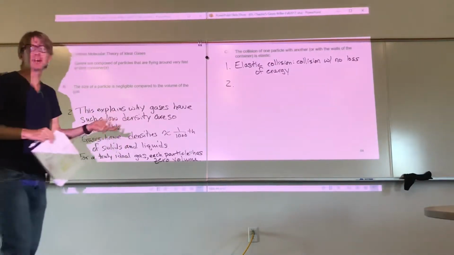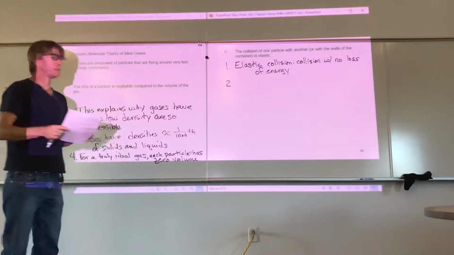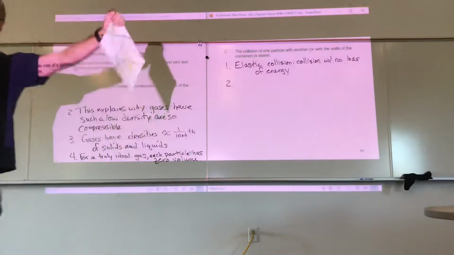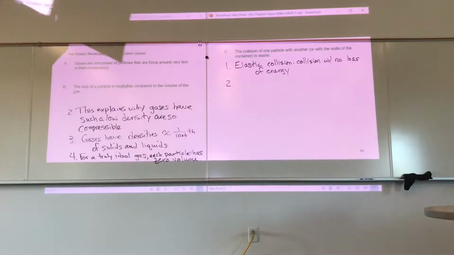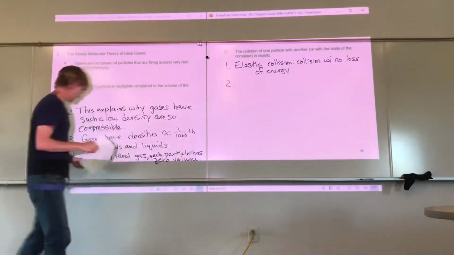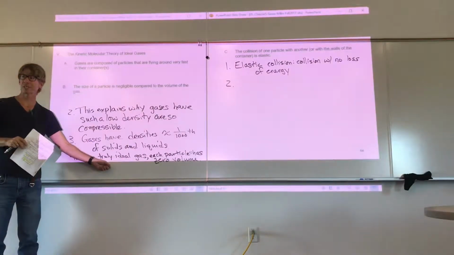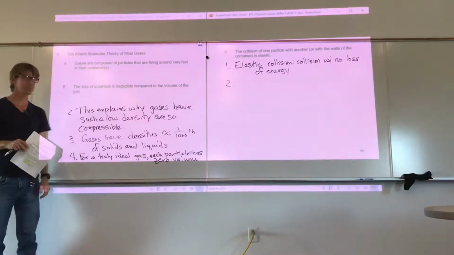And it wasn't even hundreds of meters per second, but it turns out that when a collision occurs, it's occurring very fast and without loss of energy. And well, now let me talk about this ideal gas, this truly ideal gas, for a second, and then we'll come back to elastic collisions.